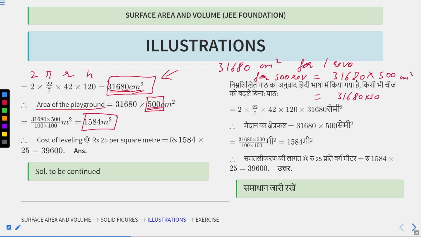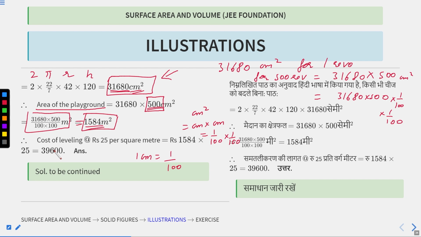Centimeter square means centimeter times centimeter, and we know 1 centimeter is equal to 1 upon 100. So multiply by 1 upon 100 times 1 upon 100, and by solving this you will get 1580 meter square.